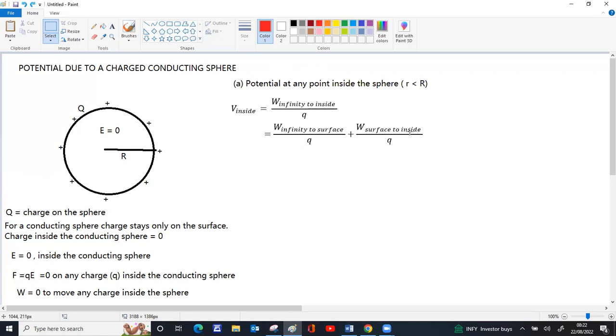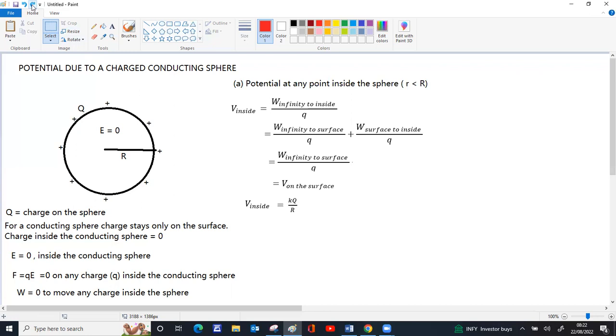So work done from surface to inside will be 0. So the potential inside is the same as work done from infinity to surface by the test charge. This is the same as the potential on the surface. So potential inside is the same as potential on the surface.